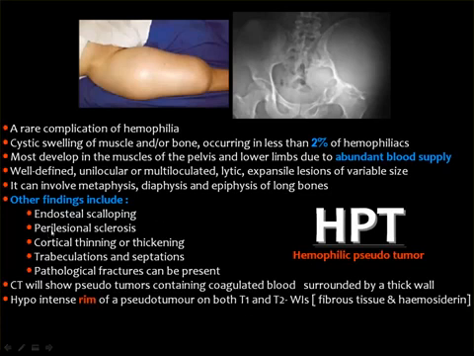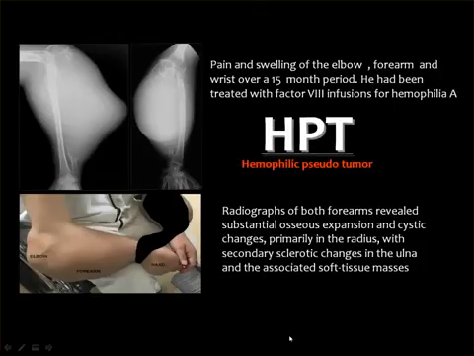It is associated with endosteal scalloping, perilesional bone sclerosis, cortical thinning or thickening, thinning of the outer margin, thickening of the inner margin, trabeculation and septations, and maybe pathological fracture. In the MRI, this hypointense rim due to fibrous tissue and hemosiderin is considered one of the pathognomonic features of hemophilic pseudotumor in both T1 and T2 weighted images.